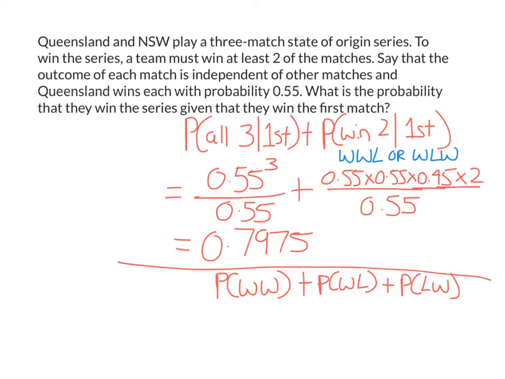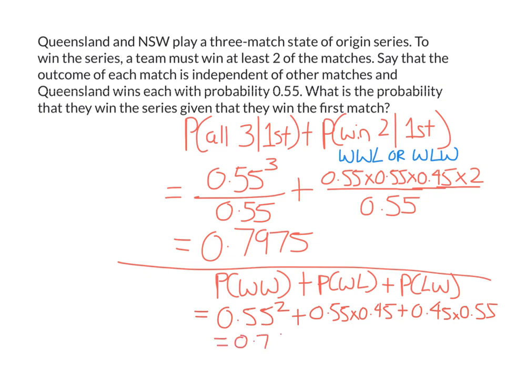This would be 2 wins and 2 wins. Using independent events, this would just be 0.55 squared. Over here, the probability they win times the probability that they lose, and then this would be the probability they lose times the probability they win. I can times in each of these due to independence. I would get exactly the same answer. Whichever way you do it doesn't matter.